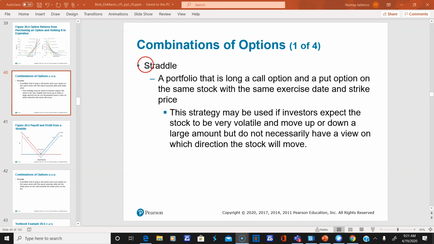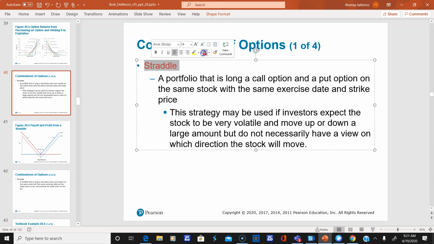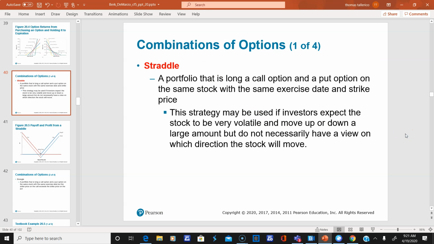And there's a real important combination called a straddle. Okay? And what is a straddle? A straddle is purchased when you know there's going to be volatility in the markets, and you don't know if the volatility is going to be up or down, just like with the market we're in now. So you decide, well, if it's going to be up or down, and I'm not sure, I think what I'll do is I'll buy a call and a put.